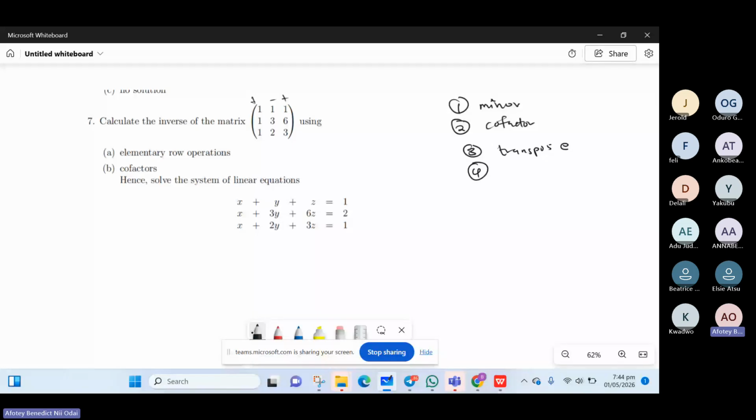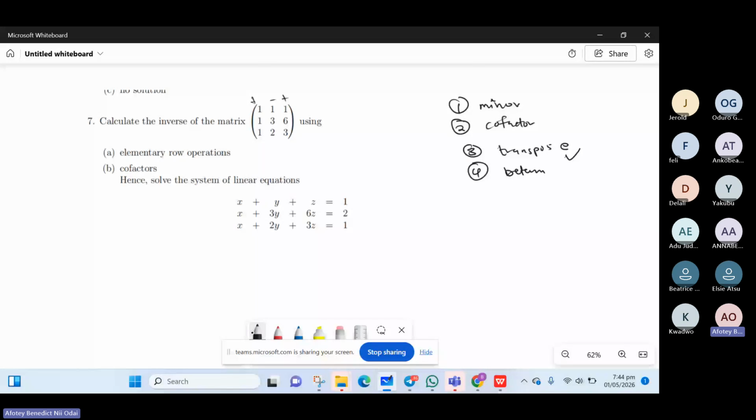Once you find the transpose of the cofactor matrix, it becomes your adjoint, right? So the adjoint is basically the transposed cofactor matrix. If this is not clear, please go back and watch the videos.